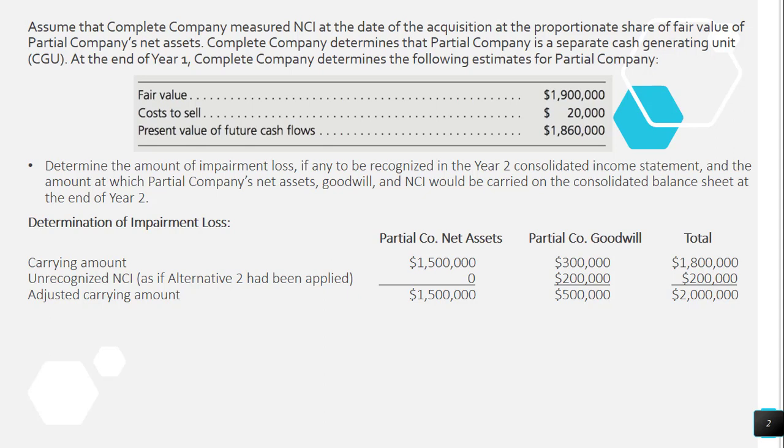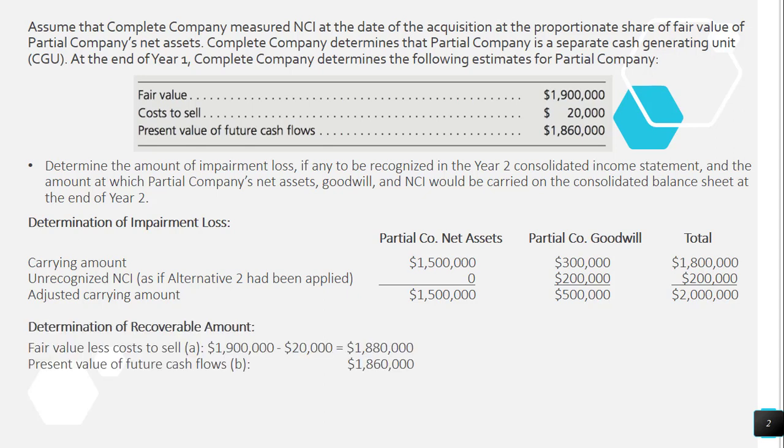So how do we do that? Well, we need to figure out the fair value less cost to sell. $1.9 million of fair value minus $20,000 for cost to sell equals $1.88 million. We compare that with the present value of future cash flows of $1.86 million, and from there we determine the recoverable amount, which is the higher of those two figures.